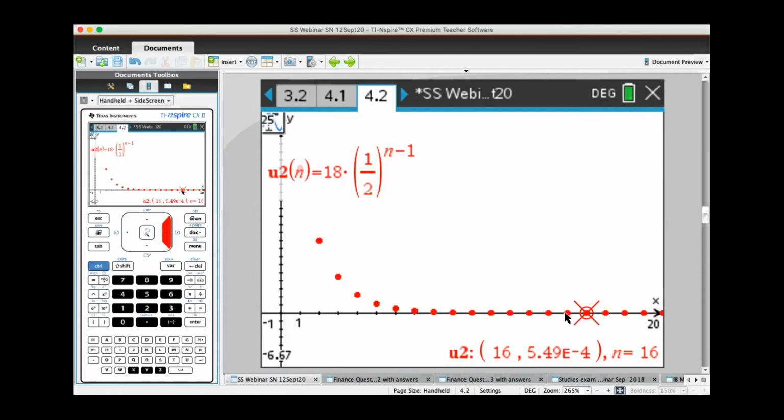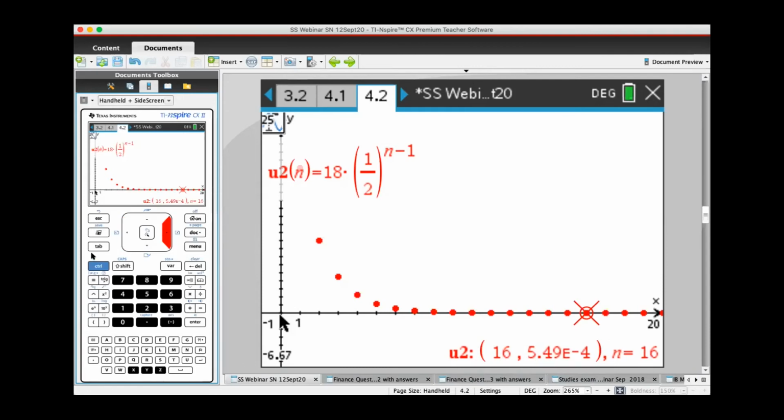So it looks like it could be n equals 15 because it's 0.001, but I don't know if there are additional values here. So I'm confused between 15 or 16.